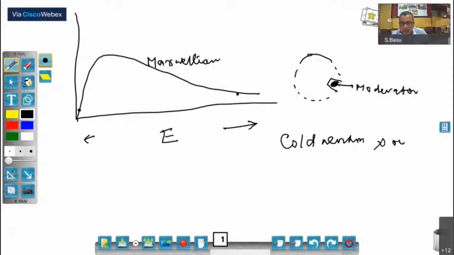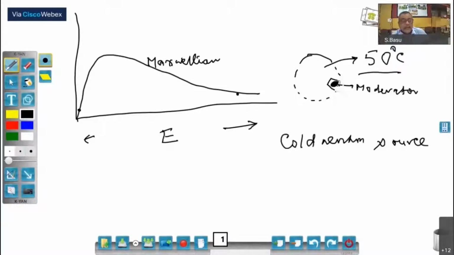A cold neutron source is not really a source in that sense. All it does is capture the reactor neutrons. In Dhruva, these reactor neutrons are typically at around 50 degrees centigrade, and in any other reactor also typically at this temperature.